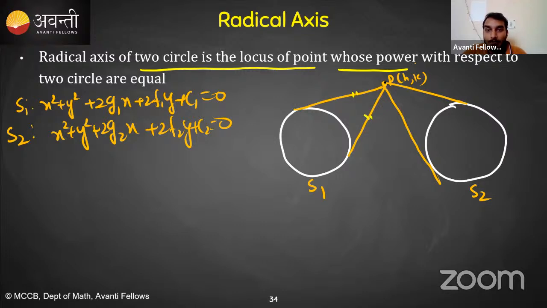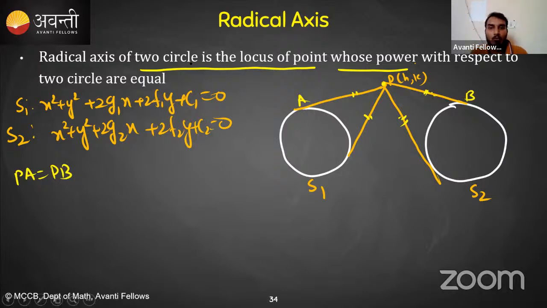Since this is a locus of a point such that the length of tangent is equal on both circles, this length and this length are equal. Let's call this point A and this point P. Means the locus is such that PA is equal to PB only.